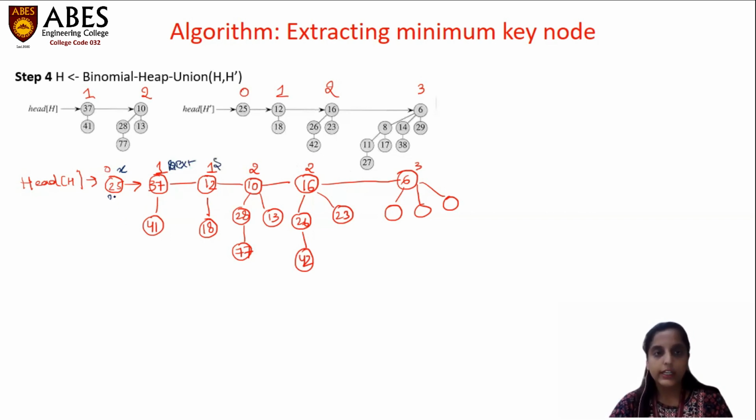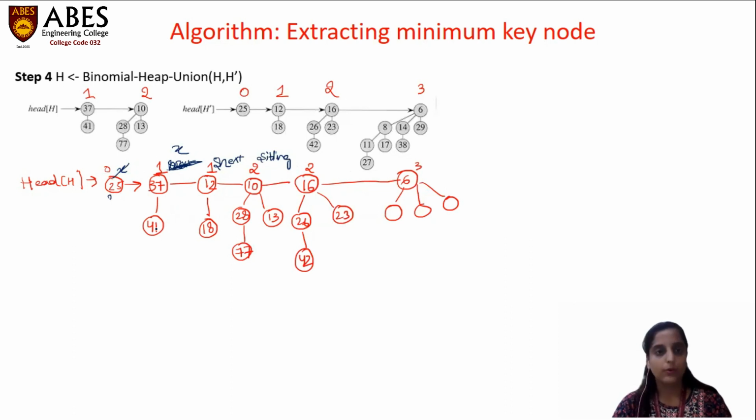As you can see, degree of x is not equals to degree of next x. So it means either case 1 or case 2 is there, right? But here degree of x is not equals to degree of next x, means there is a case 1. And in both case 1 and case 2, we have to move our pointer ahead. So we'll move our pointer ahead. This becomes your x. This becomes your next x. And this becomes your sibling.